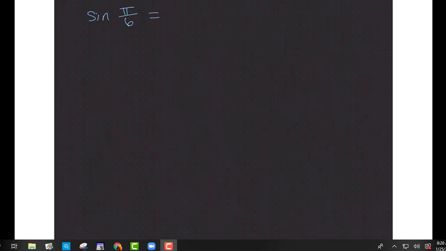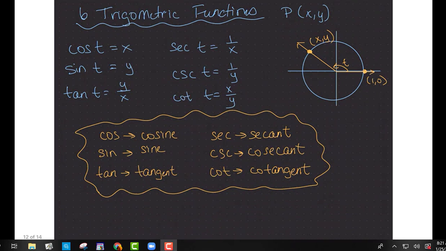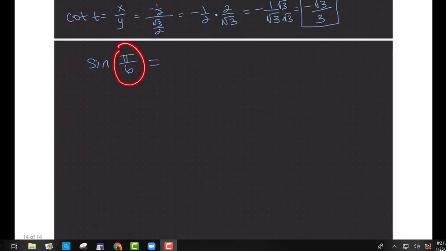We know that the sine is looking for which value? Y, right? So if we're looking for sine, we're looking for the y, and so they want us to know the y value when our angle is at pi over 6, or when our radian is pi over 6.